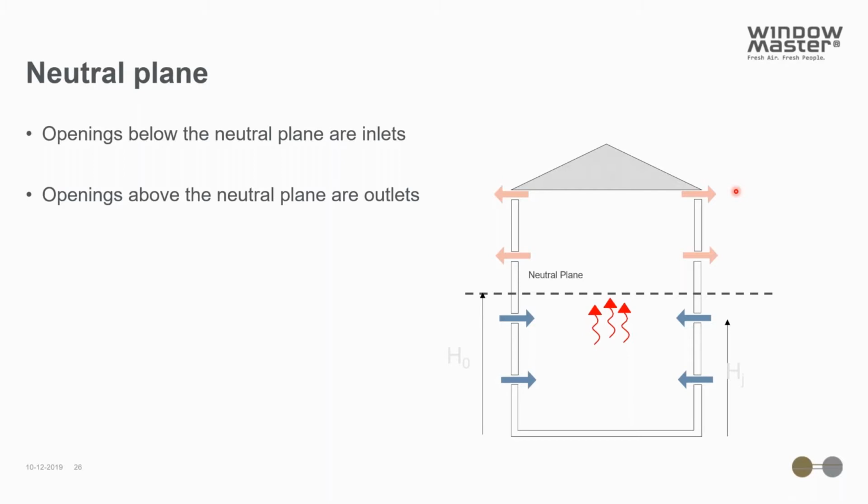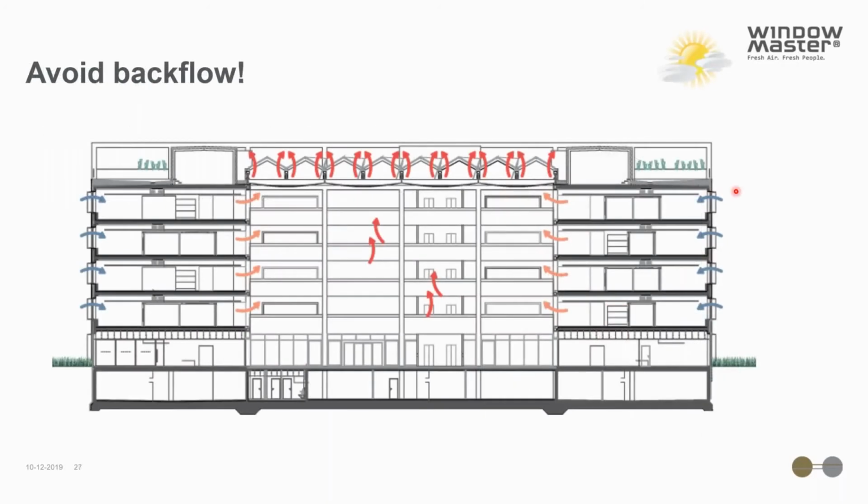And you can ask, when is this important to consider? It's always important to consider in a natural ventilation system, but it's especially important when you look at a building design like this shown here, where you have a large central atrium in the middle of the building, and then you have office spaces over multiple stories at the side of the central atrium.